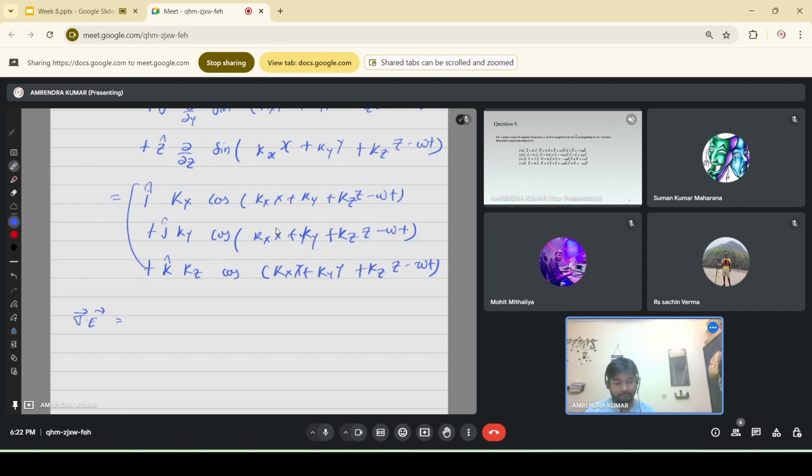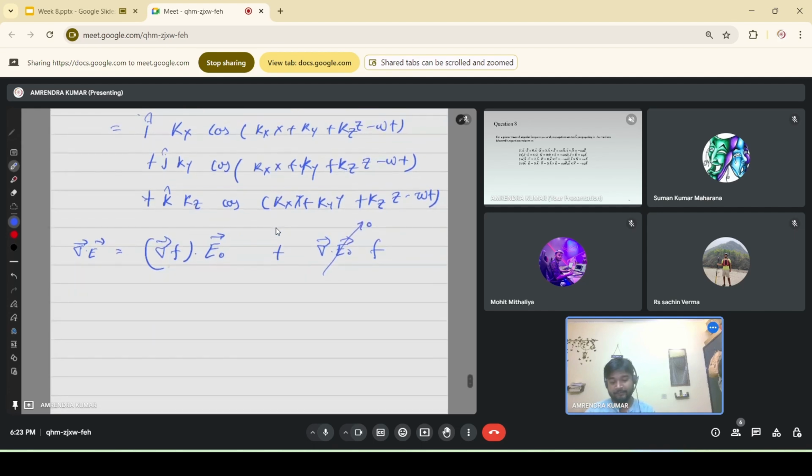So del dot E is del of F into E naught plus del of E naught into F, but this is constant, so it's zero. It remains this, and we have calculated here, and we have to just multiply it with the component.